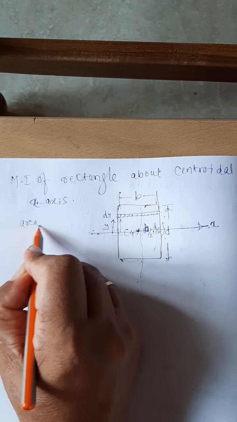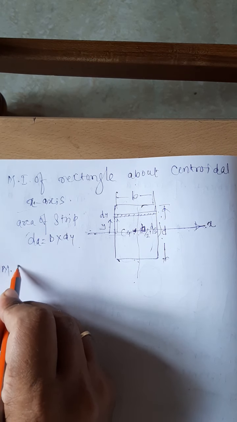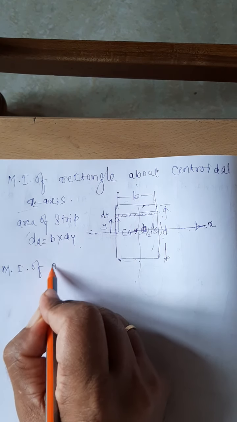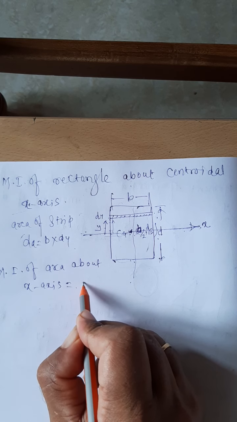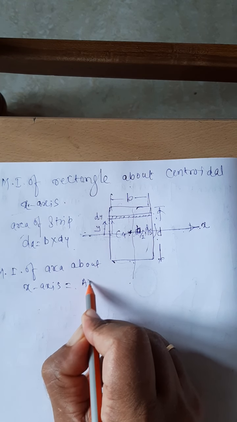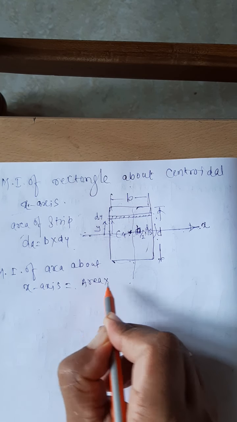Now the moment of inertia of this area about the x-axis is equal to the area multiplied by the distance square from the x-axis. The distance is to be taken from the x-axis only, as you want the moment of inertia about the x-axis.